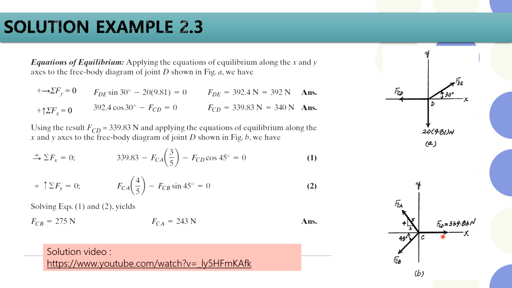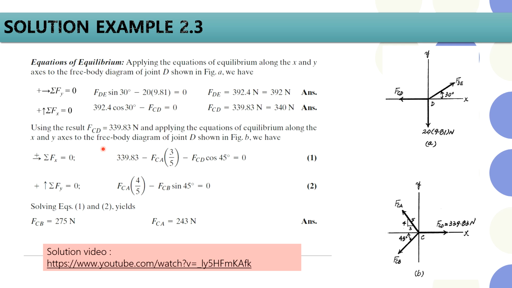You get the new force here, and you can find the forces along the tension of point C to B and point C to A. Okay, so apply the equations of equilibrium along the x and y axes to the free body diagram of joint D shown in figure A. You will get the equations for the y-axis and x-axis.